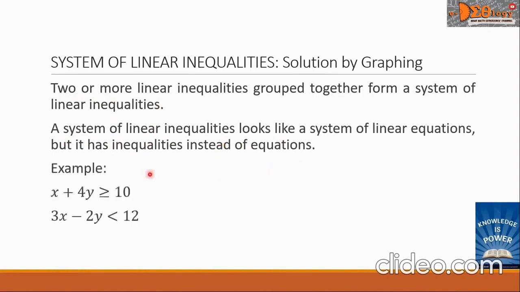Example, we have here two inequalities. The first is x plus 4y is greater than or equal to 10. The second inequality is 3x minus 2y is less than 12.